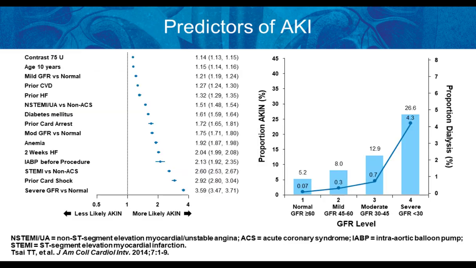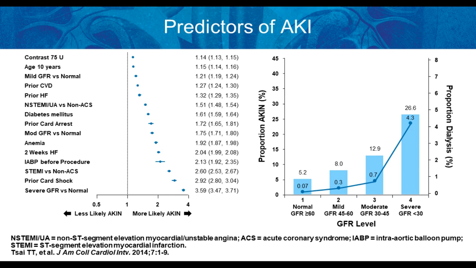What are the predictors of acute kidney injury after percutaneous coronary intervention? The amount of contrast used. Anything more than 75 units was an independent predictor of acute kidney injury. The patient's age, underlying comorbidities such as pre-existing heart failure or diabetes certainly increase the risk of AKI.